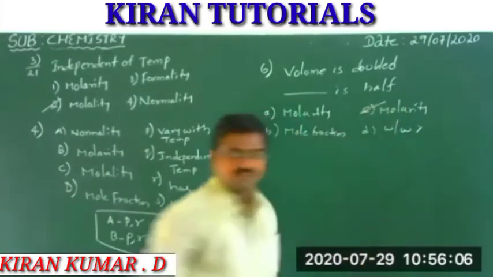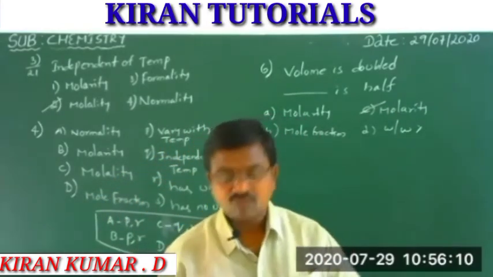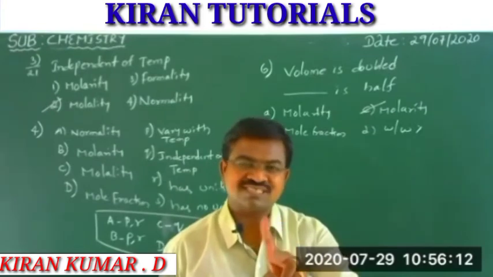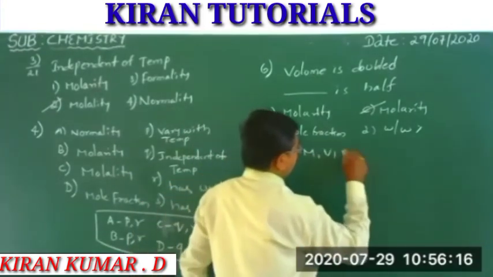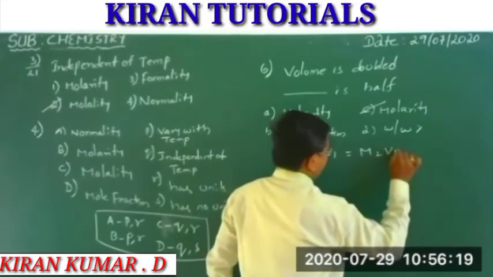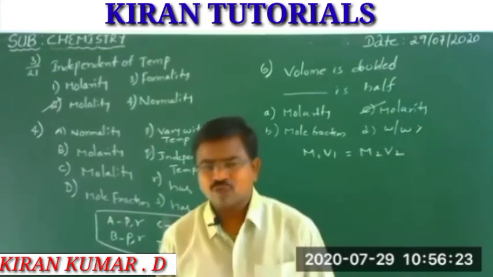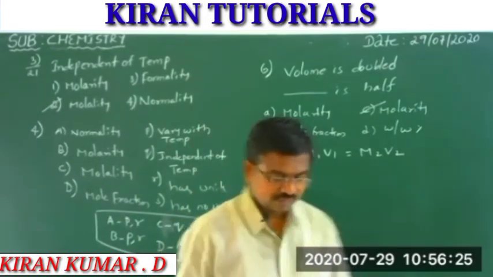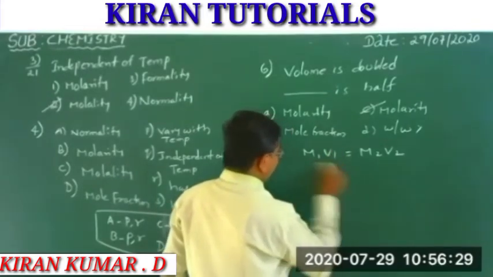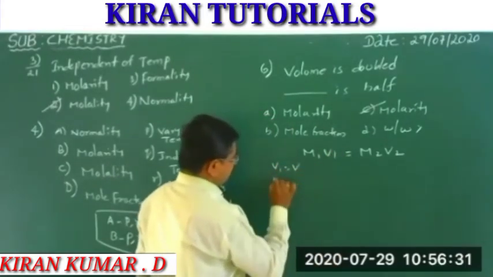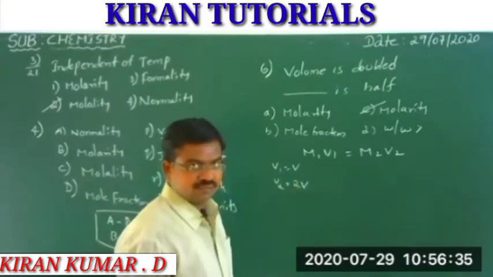Molarity: how is it possible? Here the volume is doubled, so two solutions are present. That's why M1 V1 is equal to M2 V2. Here, what do we have to calculate? If V1 is V, it is doubled to 2V.